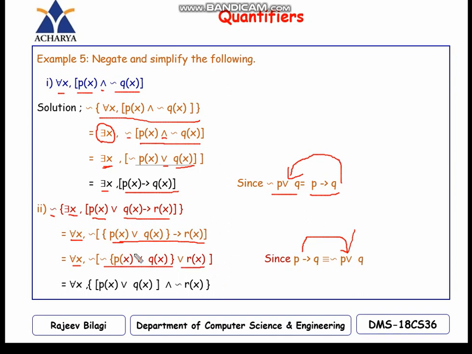Now if you take the negation inside, for all, negation of negation, that is this P of x or Q of x, is applying double negation, and R of x becomes negation of R of x.